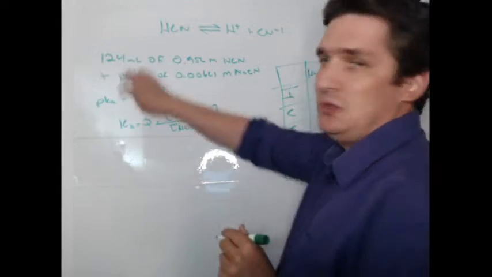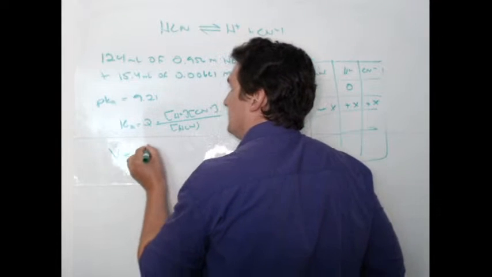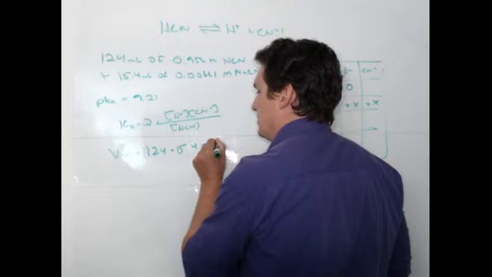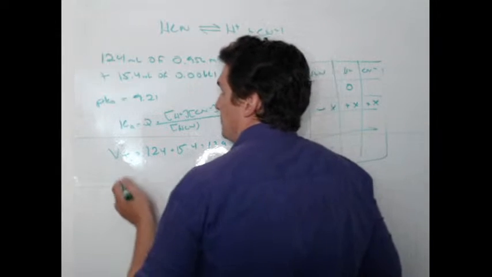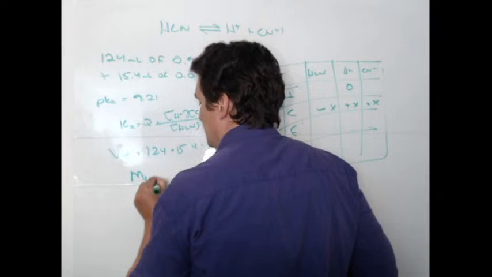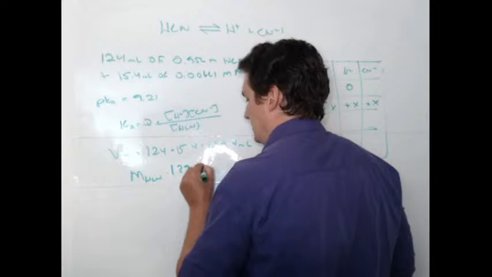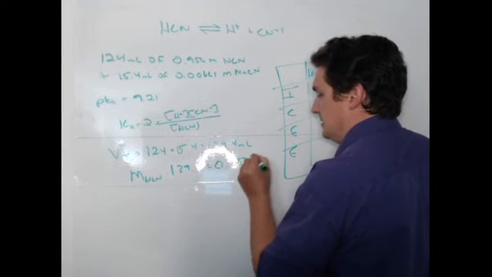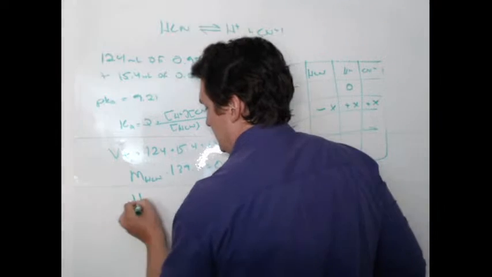For these two, it's a mutual dilution. They're mixing together, so our total volume here is 124 plus 15.4, which gives us 139.4 mLs. For the molarity of the HCN, the total volume is 139.4, the initial molarity is 0.956, and the starting volume is 124. We're going to see a similar approach for the cyanide.